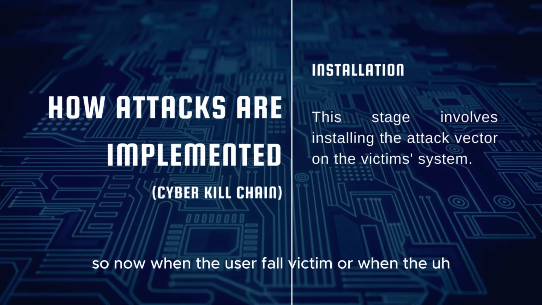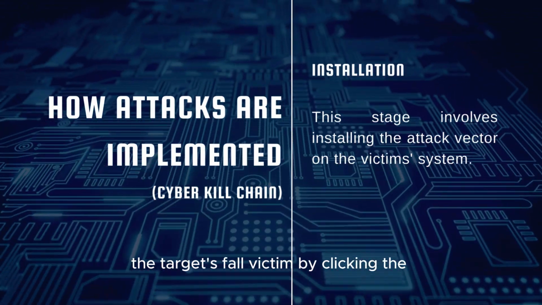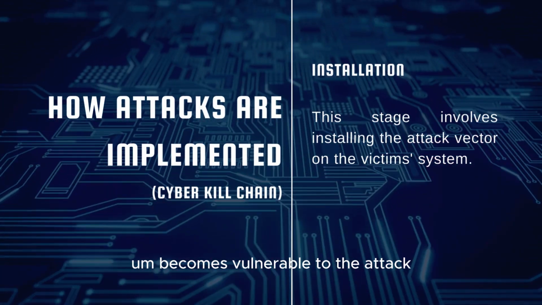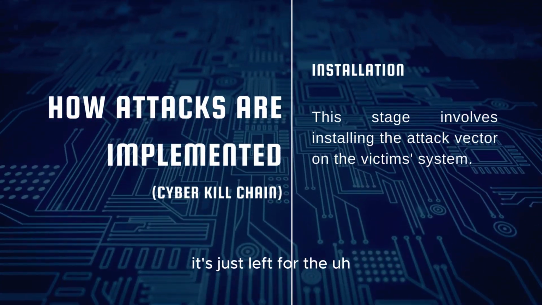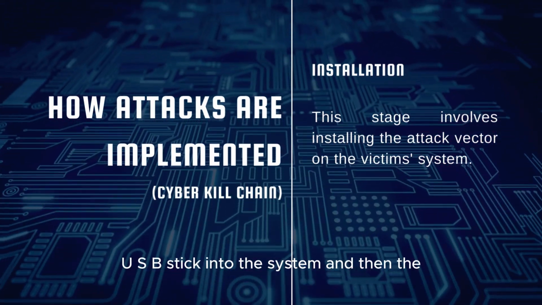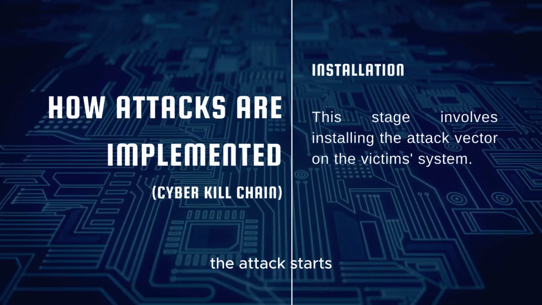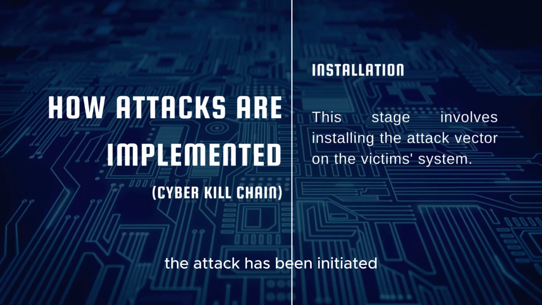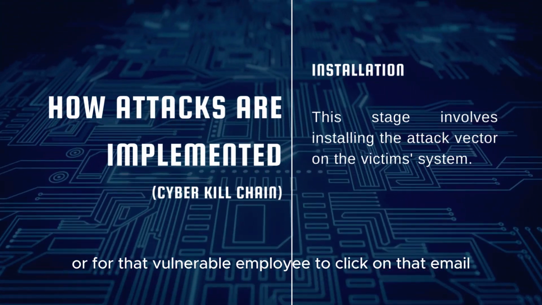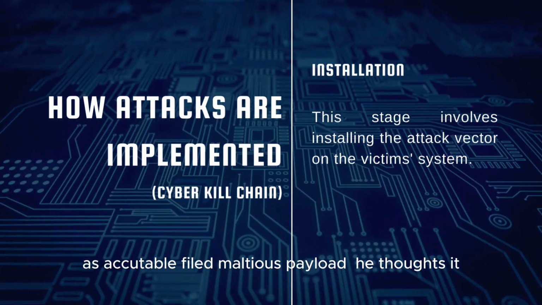So now, when the user falls victim, or when their targets become vulnerable to the attack, it's just left for the employee to insert that USB stick into the system, and then the attack starts. The attack is initiated when that vulnerable employee clicks on that email and then clicks on that executable file, the malicious payload.